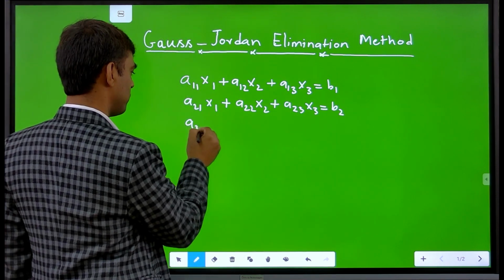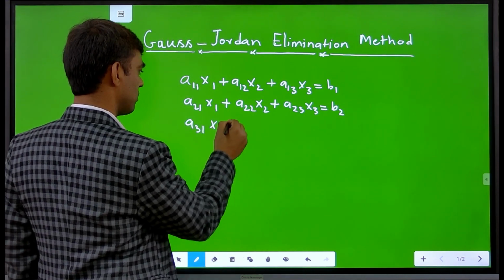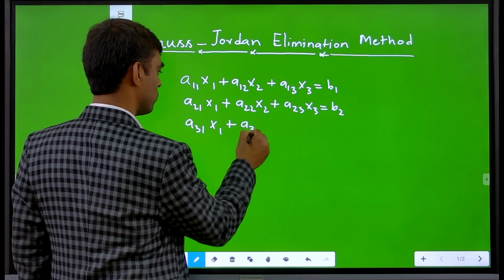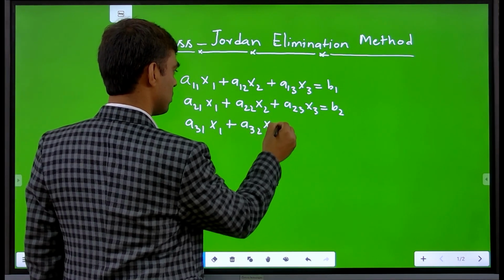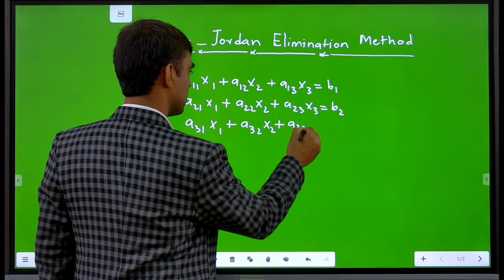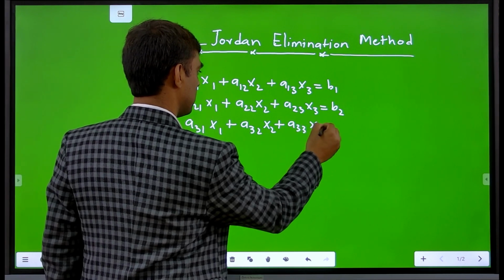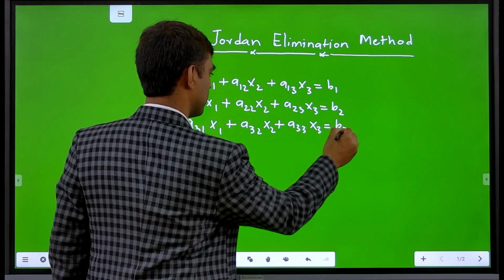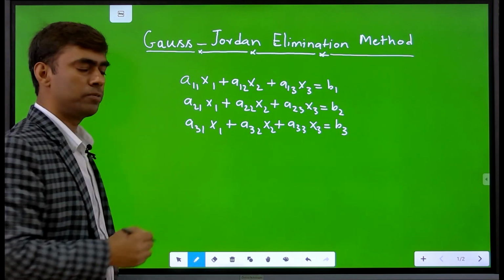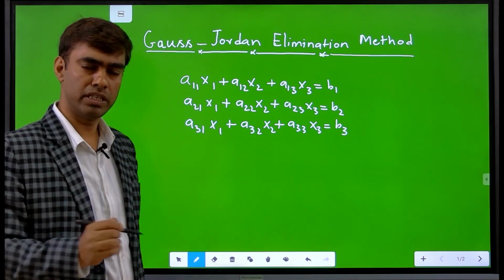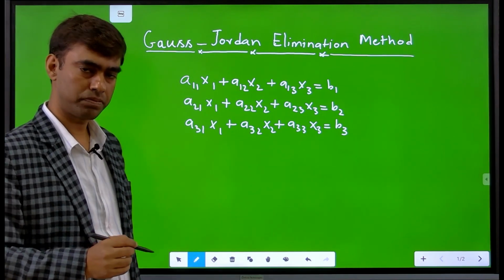Third is a31 x1 plus a32 x2 plus a33 x3 equal b3. Suppose this is a system of three linear equations.